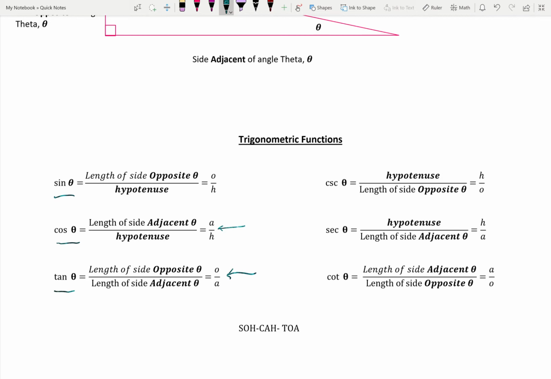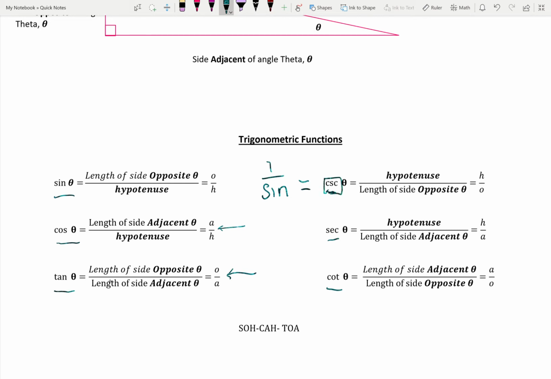Okay, so on the right-hand side, you'll see a bunch of other things. See, we have CSC. These are less seen functions, but these are the reciprocal functions, meaning if I have sine here, 1 over sine is equal to this guy, cosecant.